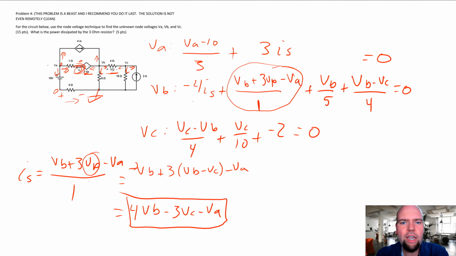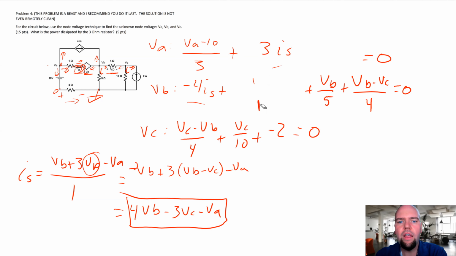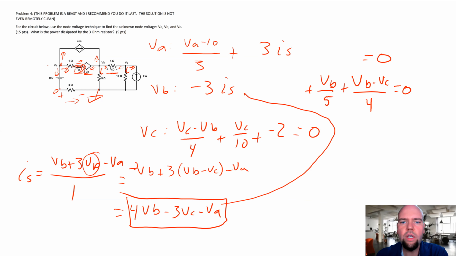And this one was negative 4 IS plus IS. This one cleans up to negative 3 IS. And then we have to substitute this in for both of these.